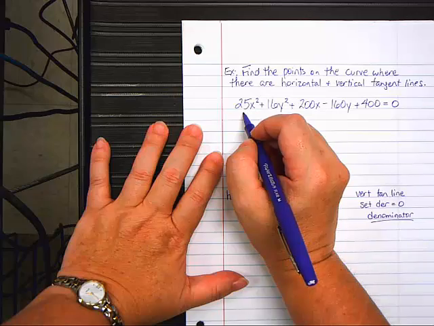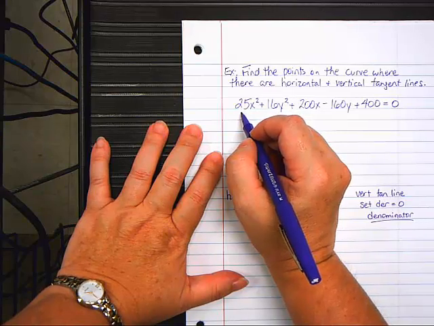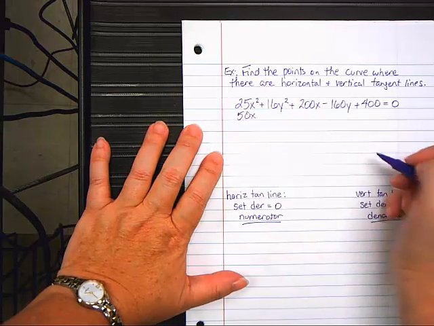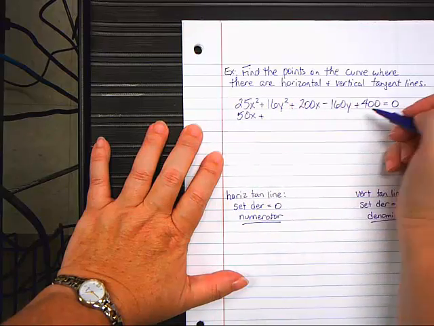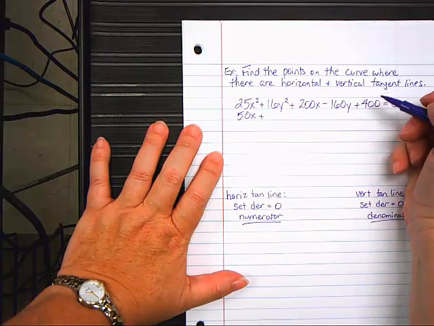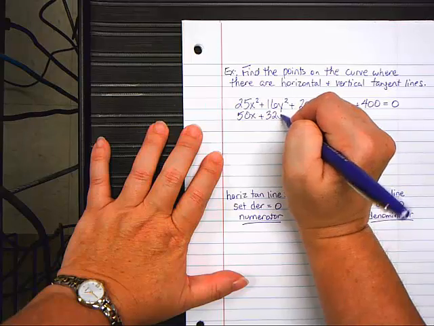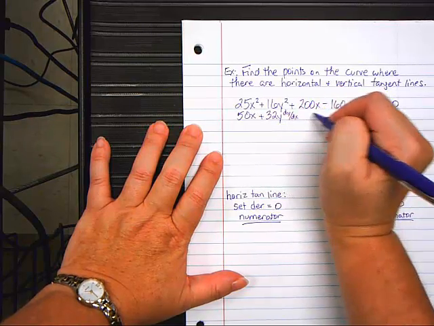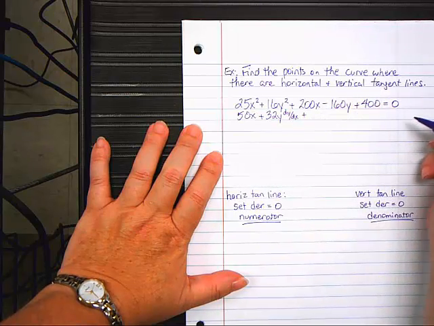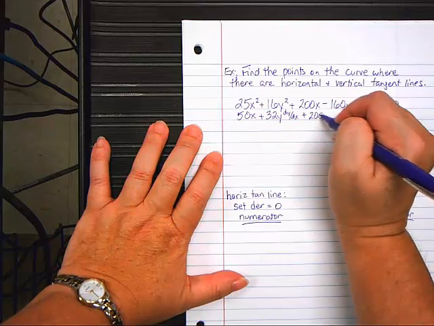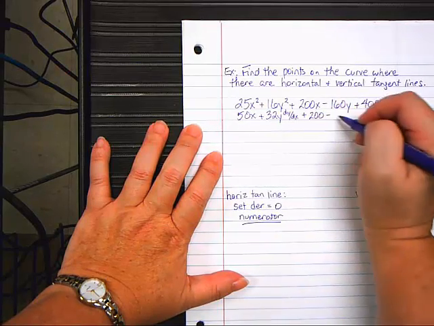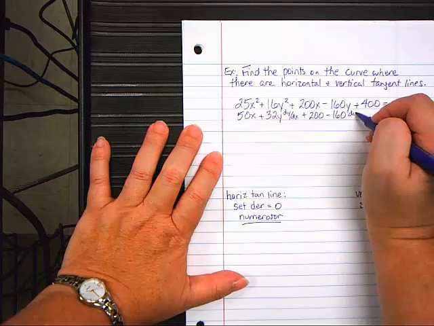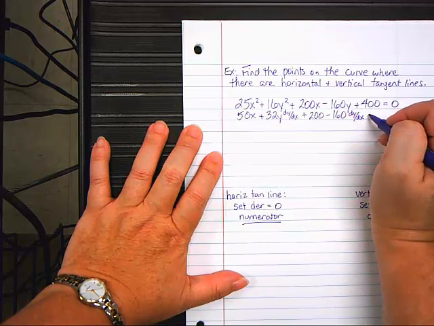Okay, derivative of 25x squared. 50x, that was easy. Plus derivative of 16y squared. 32y dy/dx. Matt's always remembering, thank you. Plus the derivative of 200x, just 200, minus 160 dy/dx. What about the 400? 0 equals 0.